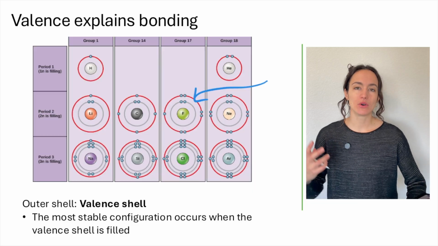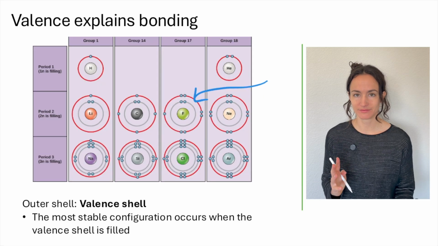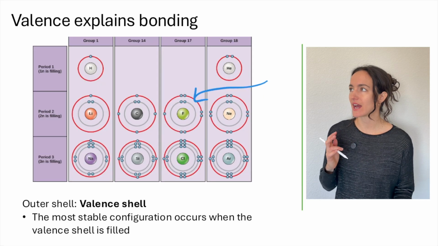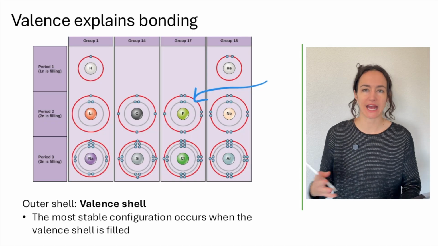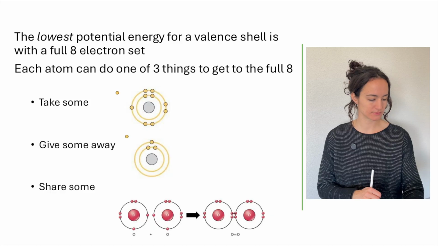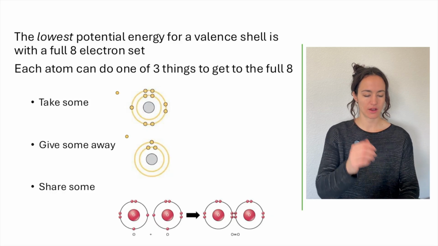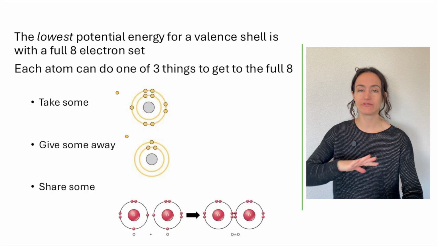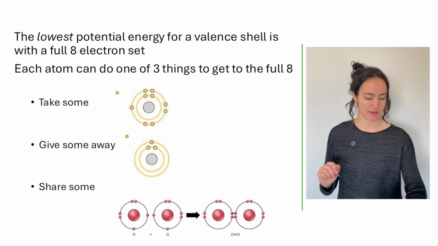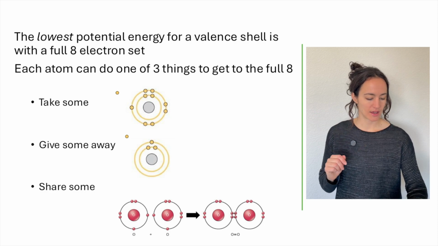An atom is most stable when the valence shell is completely full. Think of it as the atoms being happy when their valence shell is full: they're stable and less reactive. Another way to say this is that the lowest potential energy for a valence shell is with a full 8 electrons, especially if we're talking about the second shell or the third shell.